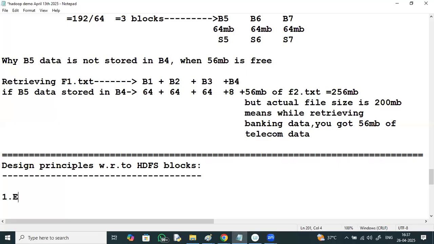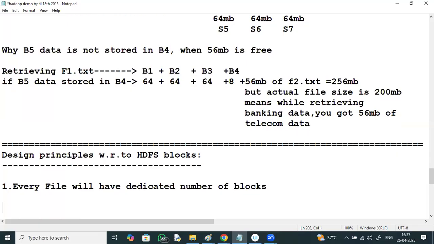Every file will have a dedicated number of blocks.